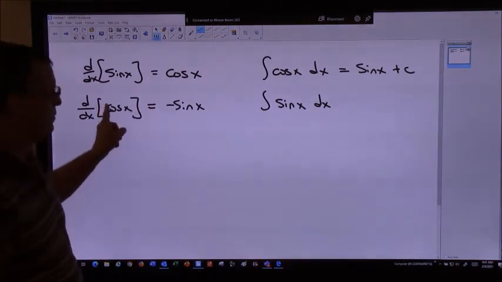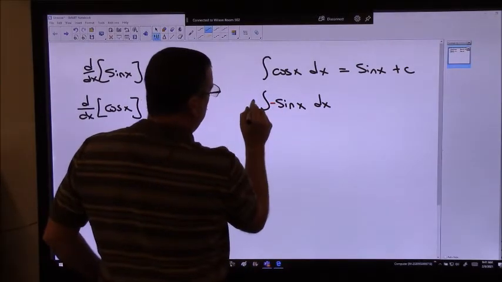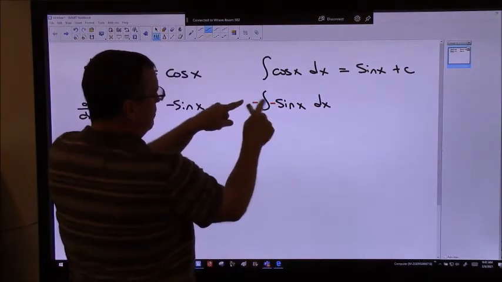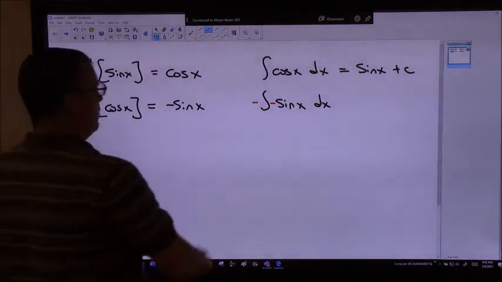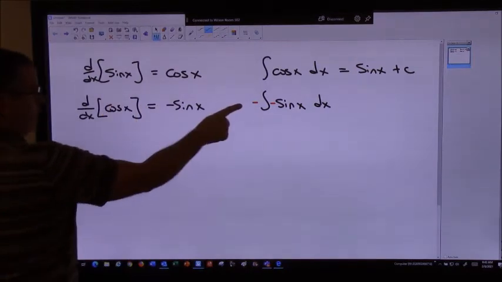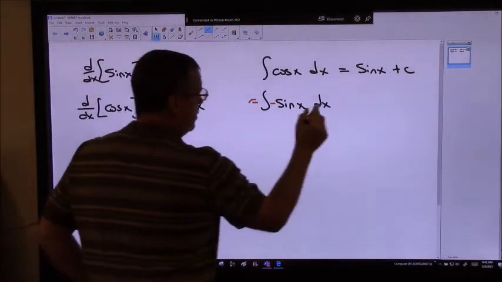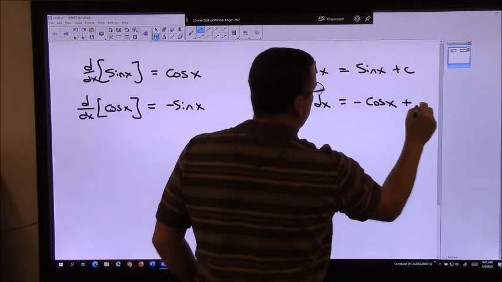That's a cosine, right? So I'll put a negative sign right there, and I'll put one out here, because then a negative times a negative is a positive. And so the integral of a negative sine of x is a cosine, but because of that negative right there, we get negative cosine of x plus c.